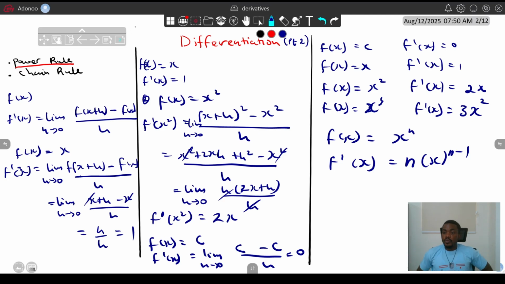So we just have to multiply x with the power and then take 1 from the power. Basically that's the power rule for us.